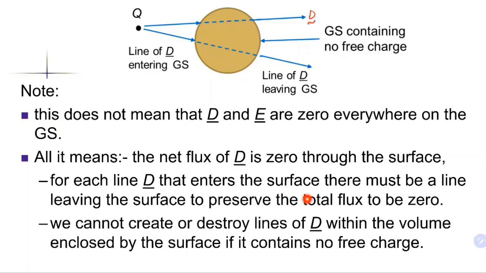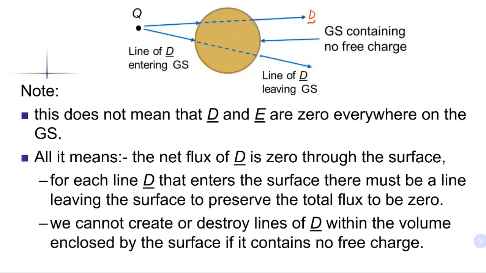But it's just that the net, the total flux going in and coming out is equal to 0. There's no net flux flowing in or out of the surface that I draw. So for every line that I draw, there's one going in and one going out. I got one line going in, and somehow it's going to come out at the other end.